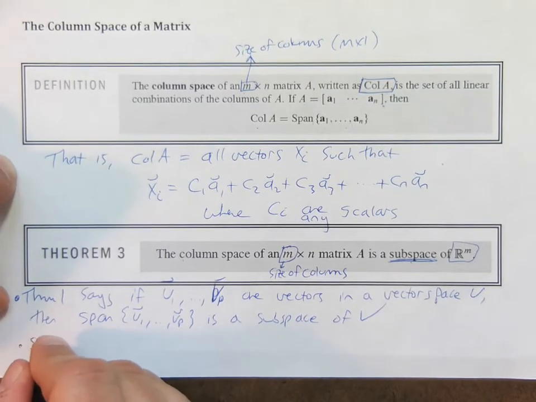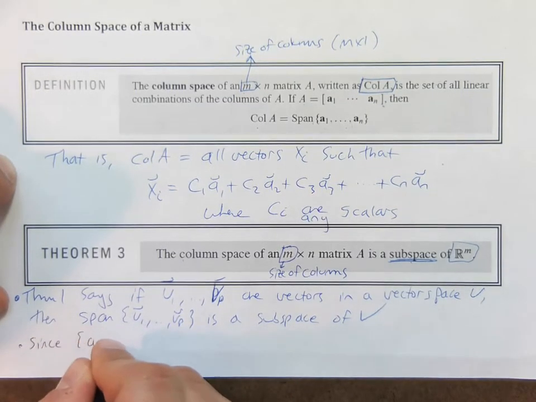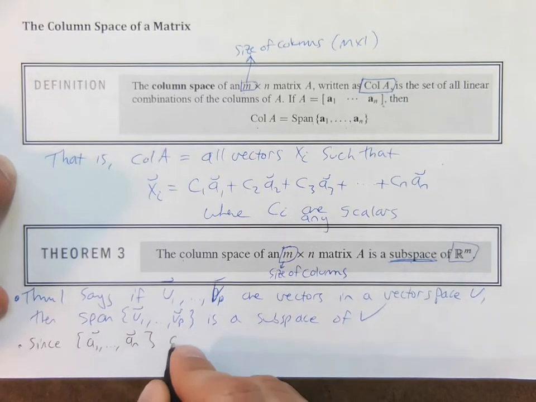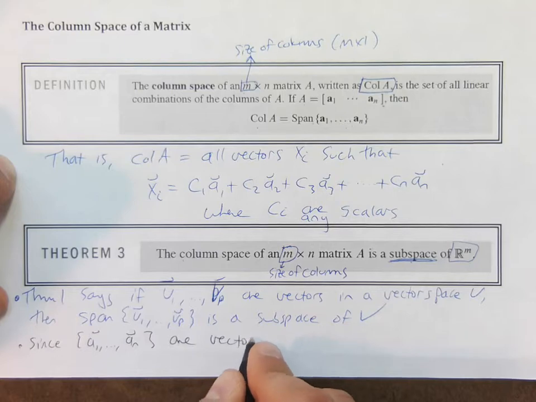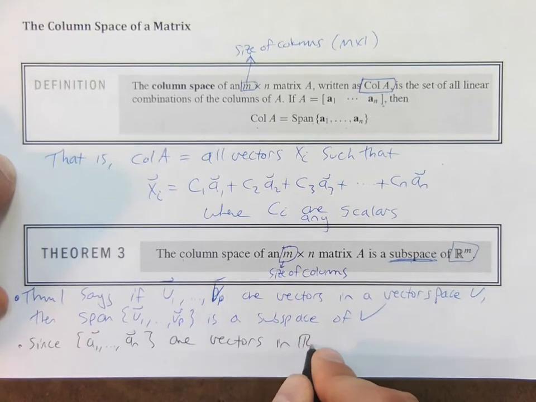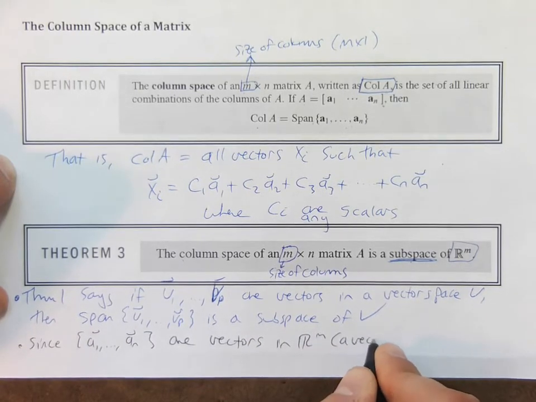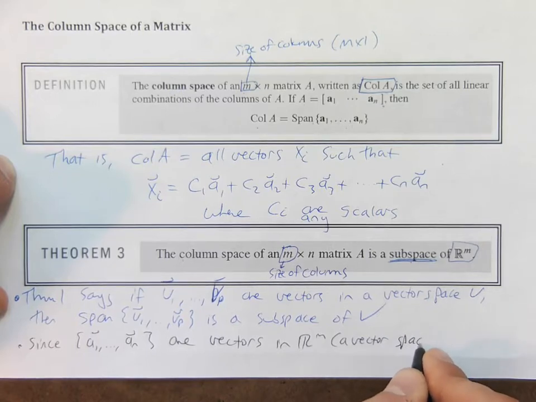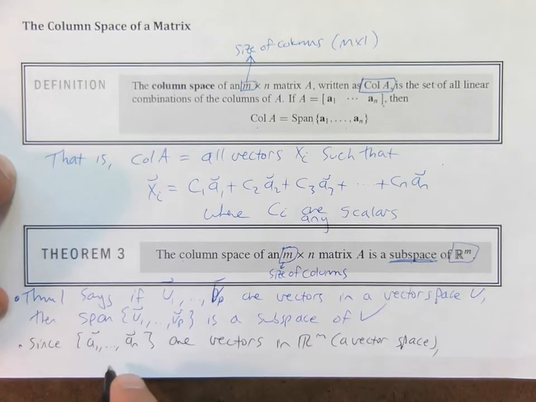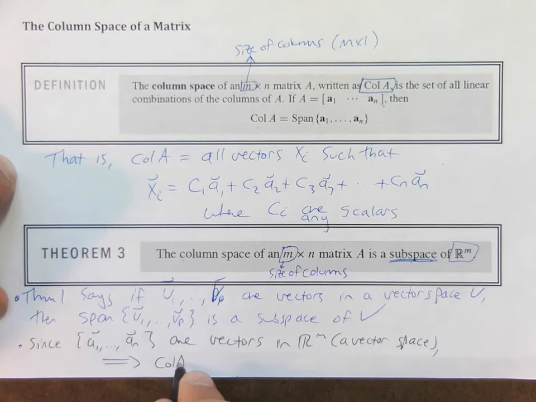So since A1 to AN, the columns of A, are vectors in Rm, which is a vector space, this implies that the column space of A is also a subspace, because that equals the span of those vectors.